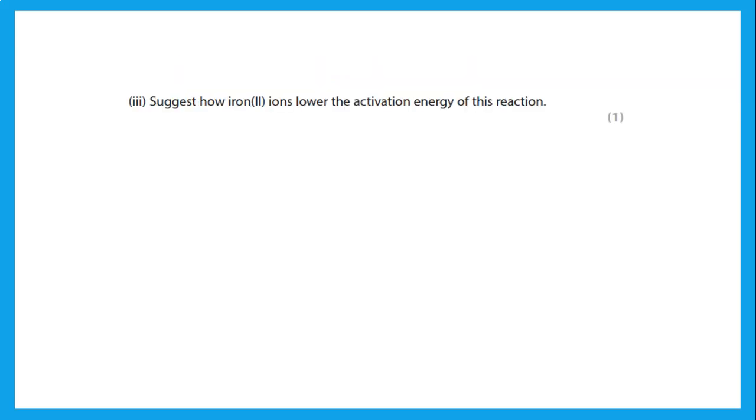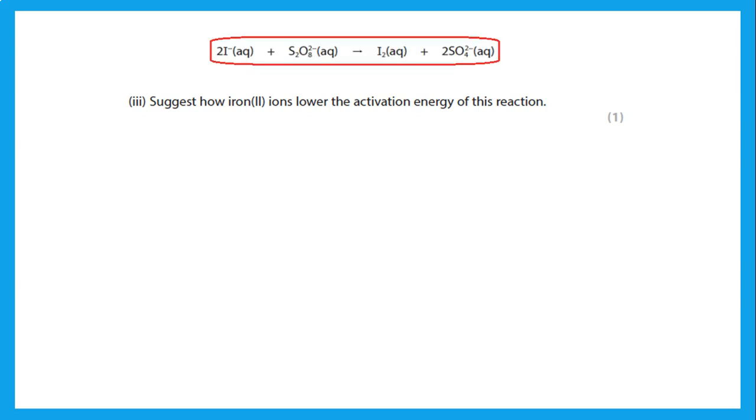Explain how iron 2 ions lower the activation energy of this reaction. Remember, we said if it acts as a catalyst, then it lowers the activation energy. Why are we saying it lowers the activation energy? This was the equation we were talking about. And you can see that the reactants are both negatively charged.